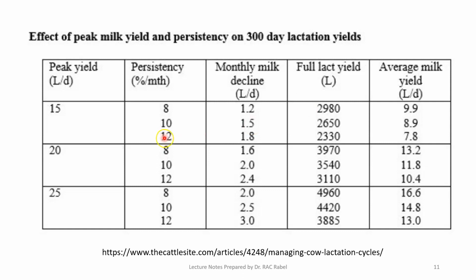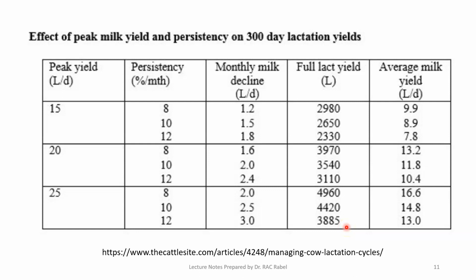If it was a 12% decline, it's approximately 15 times 150, which is 2,250. Same here: 20 times 200 is 4,000, 20 times 150 is 3,000. 25 times 200 is 5,000, and 25 times 150 is 3,750.